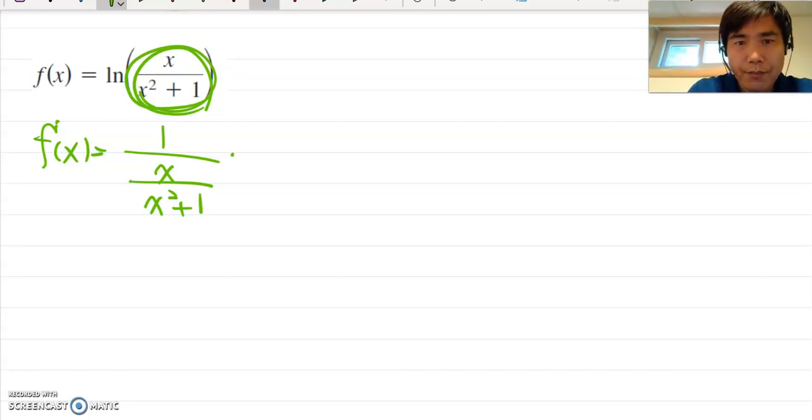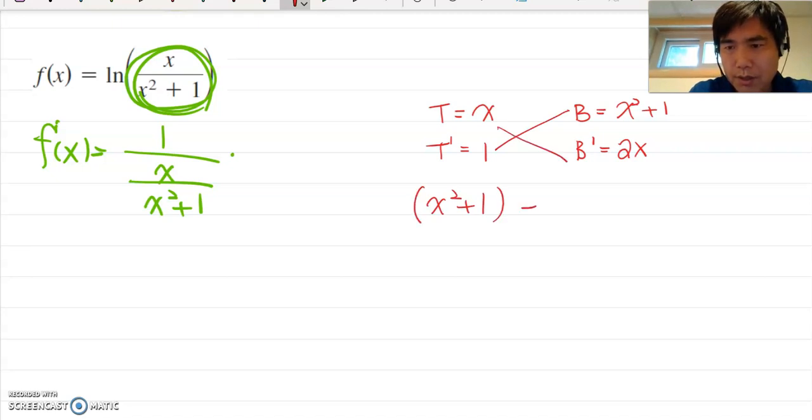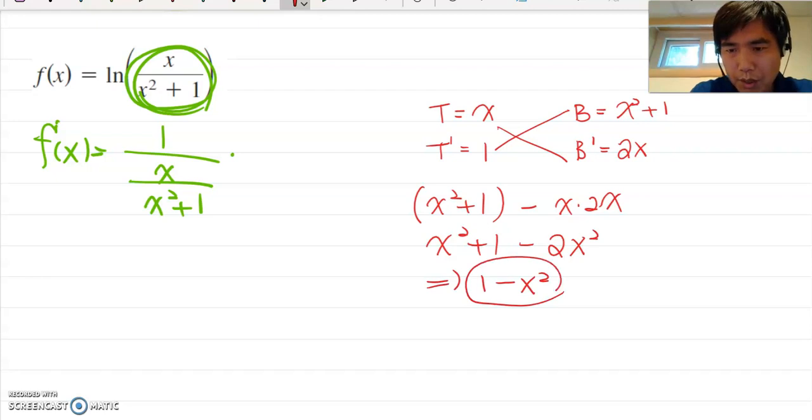So top equals x, bottom equals x squared plus 1, and t prime is 1, b prime is 2x. Always this one first, which means x squared plus 1 minus x times 2x, which means x squared plus 1 minus 2x squared, so 1 minus x squared. That will be the multiplied expression.